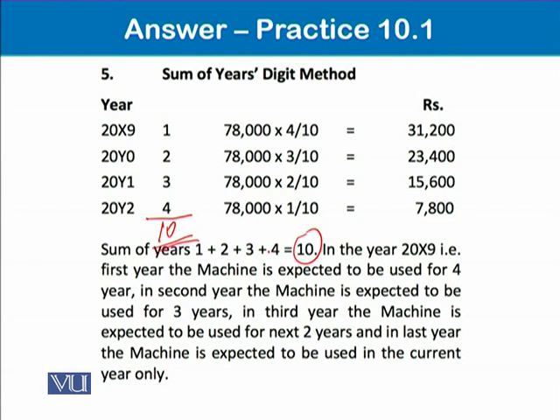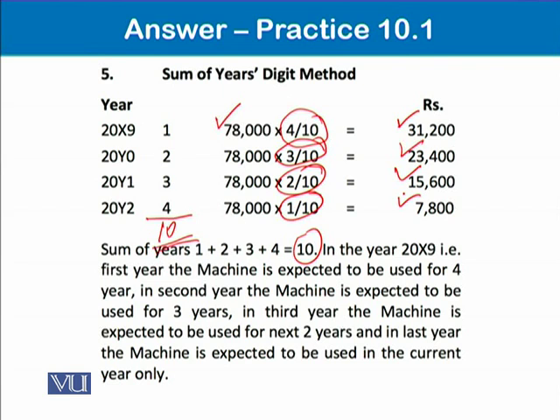For the first year, the depreciable amount will be multiplied by 4 and divided by 10. This is its depreciation for the first year. Then the second year, third year, fourth year. So proportionately, its depreciation expense will be reduced. So it is known as the sum of years digit method, in which there is a proportionate decline in the amount of depreciation.